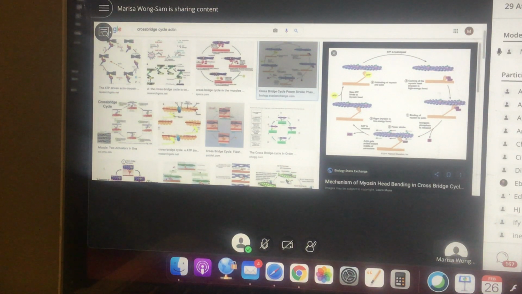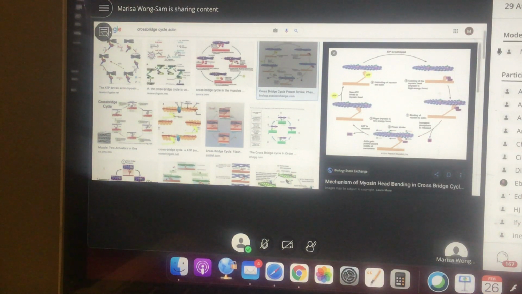So what happens during the power stroke is the myosin binds to the actin while it still has the ADP and phosphate stuck to its head. And then during the power stroke, the ADP unbinds from it. It lets go, because as the protein moves, it's going to change shape and kick the ADP off.